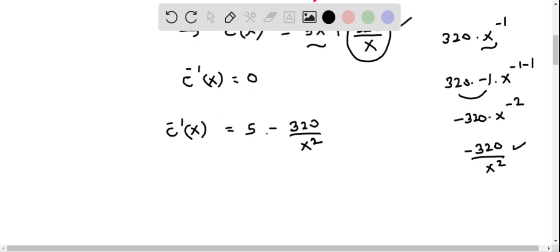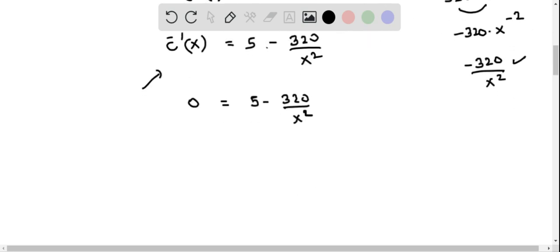Now we have to set the average cost function's derivative equal to 0. So this becomes 0 equals 5 minus 320 over x squared. Now let's solve for x squared or x from this equation. First I add 320 over x squared to both sides, and so I get this equation.